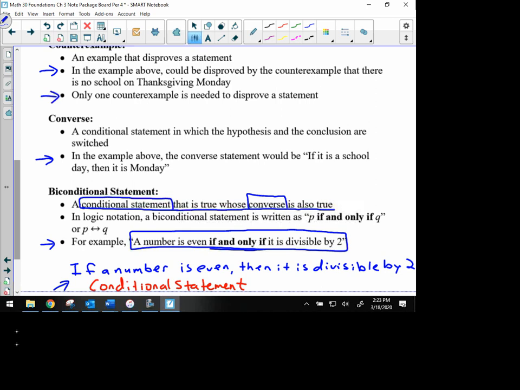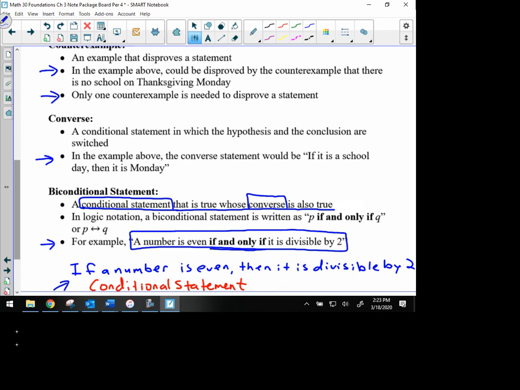And then when a statement would be biconditional. So when the conditional statement and the converse are both true. So definitely a lot more word-based here. There's not a lot of actual number and calculation work that we're doing here, but there's a lot of organization and foundational math thinking ideas that we're touching on here.